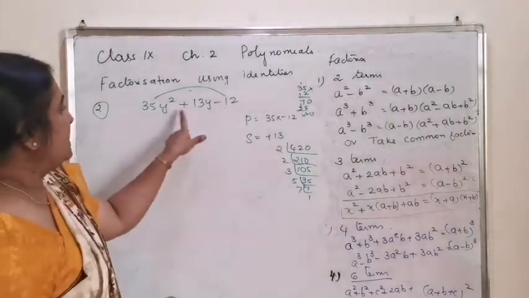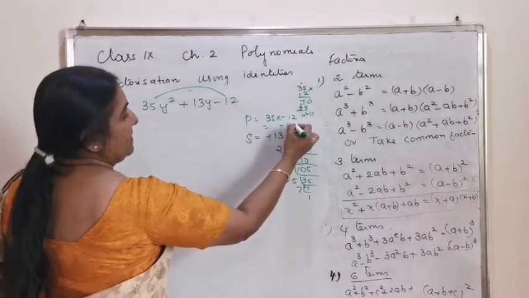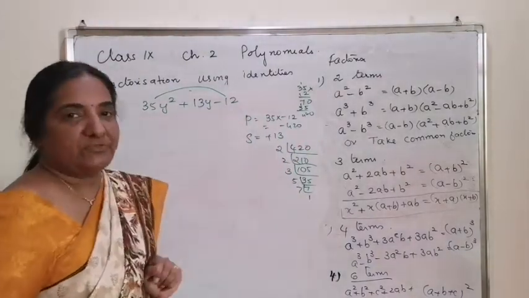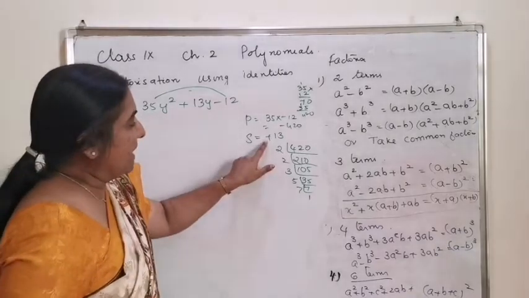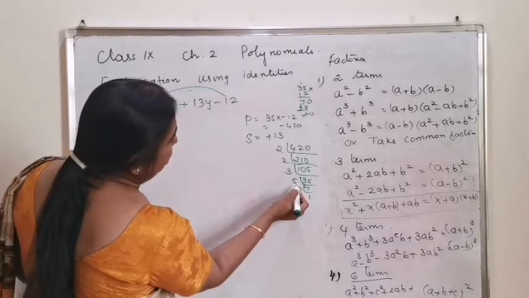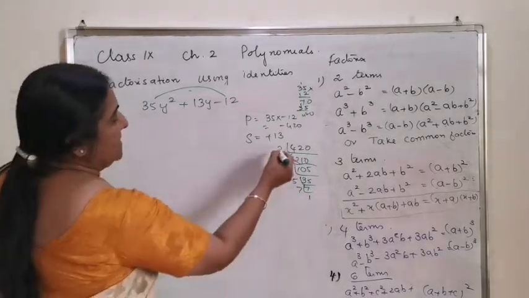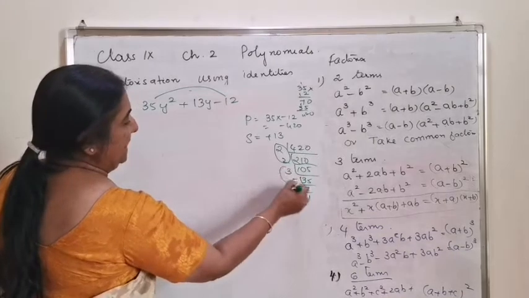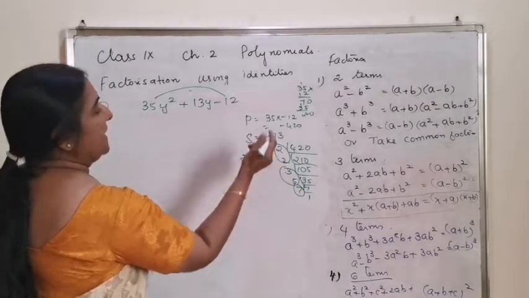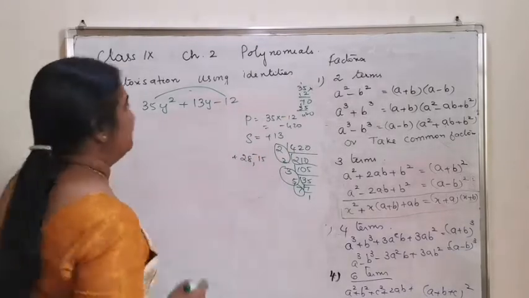Let's take the combination. Since the product is negative, the factors are of unlike sign and the subtraction of the factors will give you the sum. So the possible combination is 28 and 15: plus 28 and minus 15.